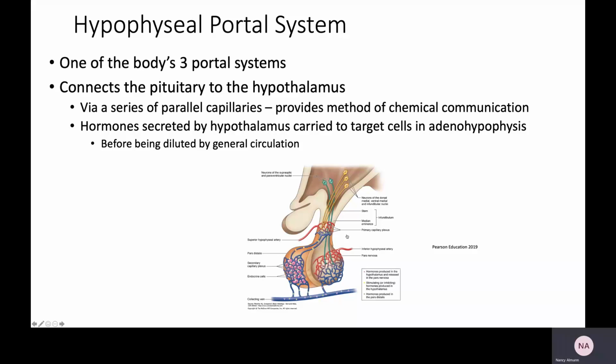So, as it says, hormones secreted by the hypothalamus are carried to the target cells in the adenohypophysis, anterior pituitary, by those blood vessels before they get shipped off to general circulation and then have to travel all the way around your body in order to find their way back to the anterior pituitary. Instead, they're secreted into here, they're carried to here, and they're released from here. So much simpler.